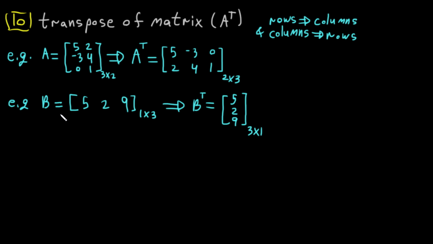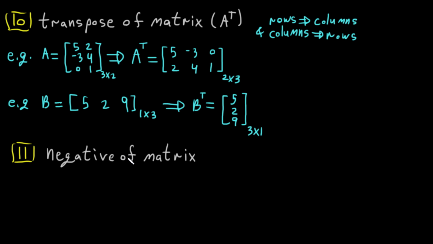Now we will talk about the negative of a matrix. Here it's very simple. For example, let's say A equal 5, 2, 0, minus 3.